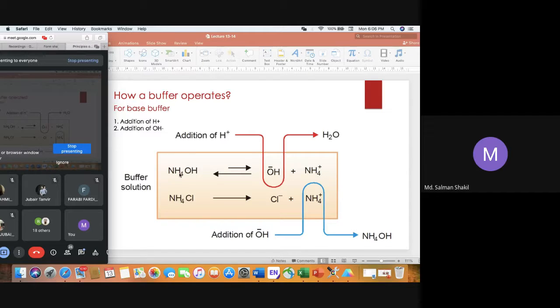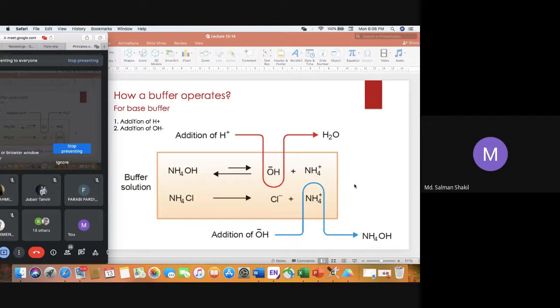So this reaction is occurring in aqueous solution, right? Aqueous solution means in water.